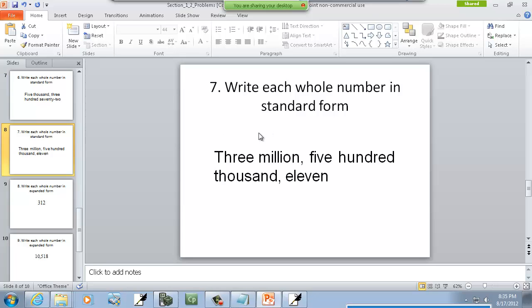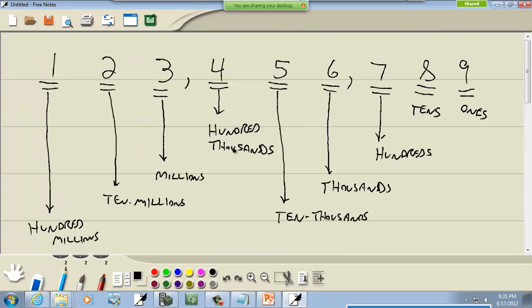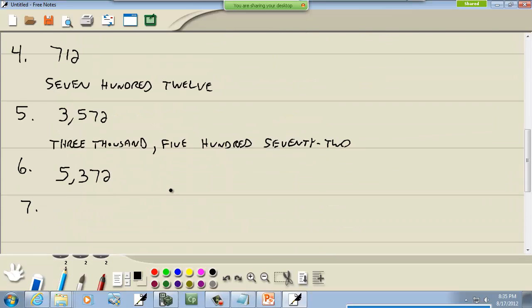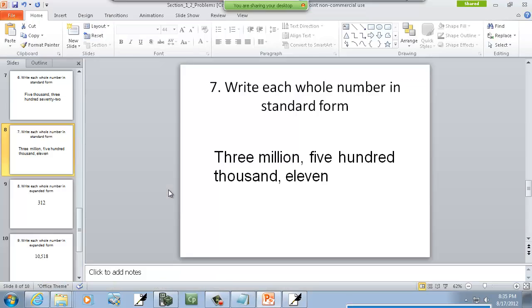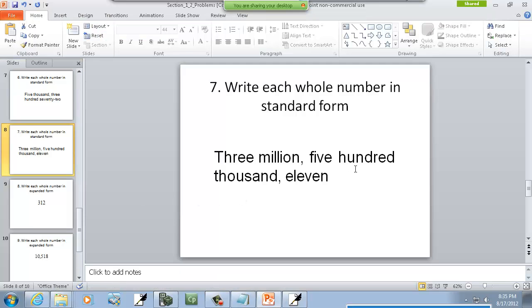Same instructions. Write each number in standard form. 3 million. Well, I have to go to my millions place, and if I forget it, I can always go up here, see where my millions place is. It's this one right here. So I got 3 million. There's a comma there, so I'd put a comma here. 500,000.